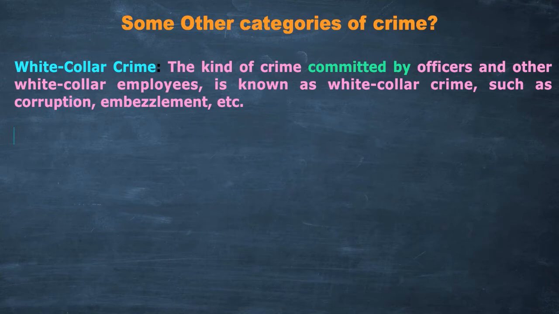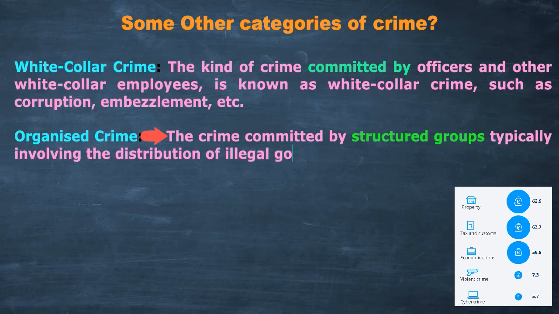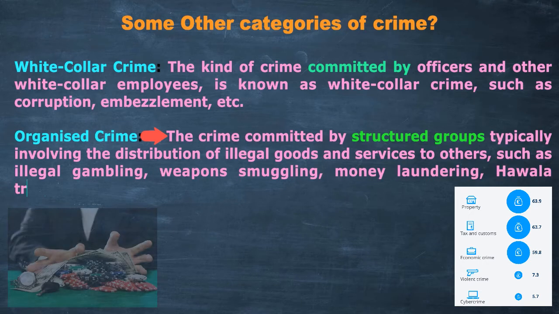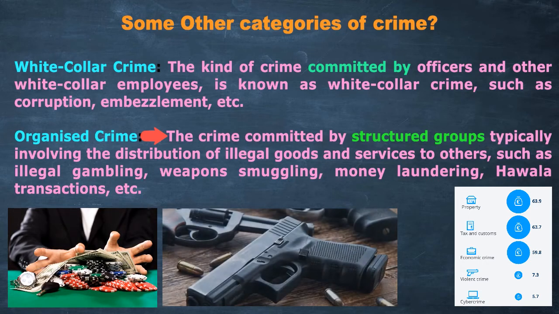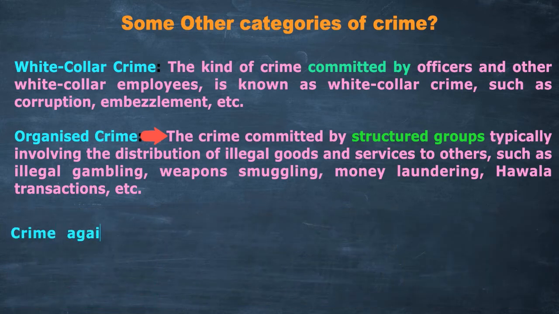Next one is organized crime. The crime committed by structured groups, typically involving the distribution of illegal goods and services to others, such as illegal gambling, weapons smuggling, money laundering, hawala transactions, etc. And the last one in this category is crime against morality.